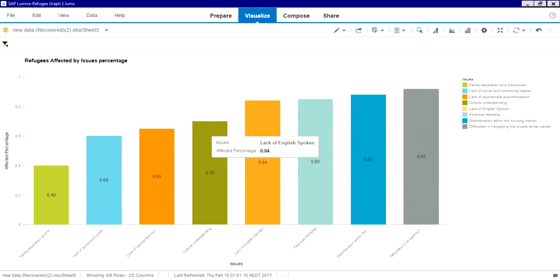This is an important factor which disturbs their daily life, and they cannot live a good life without English.